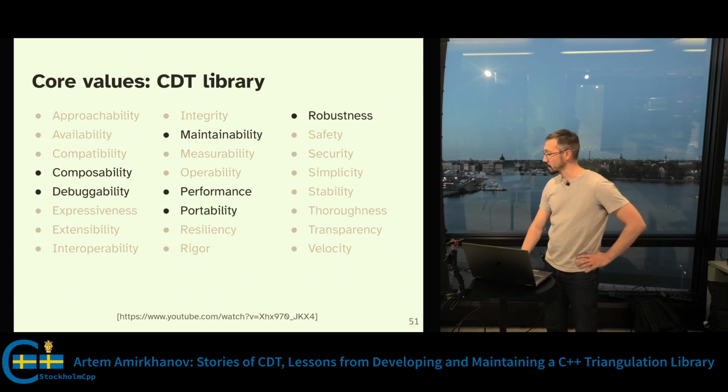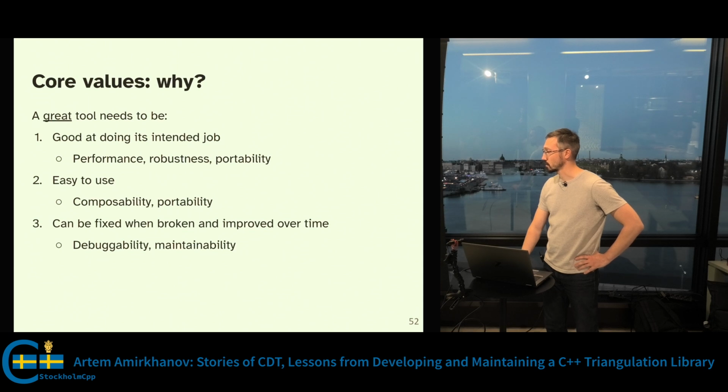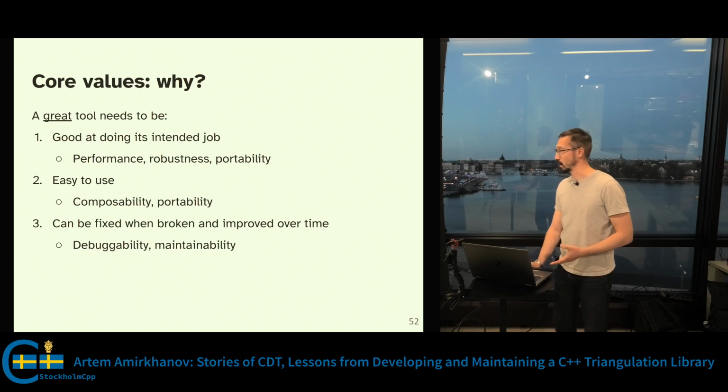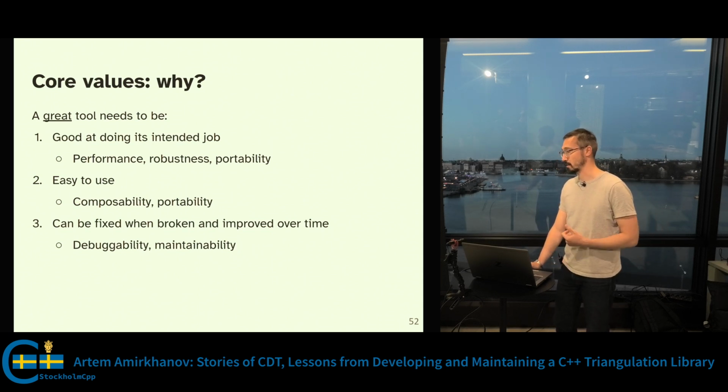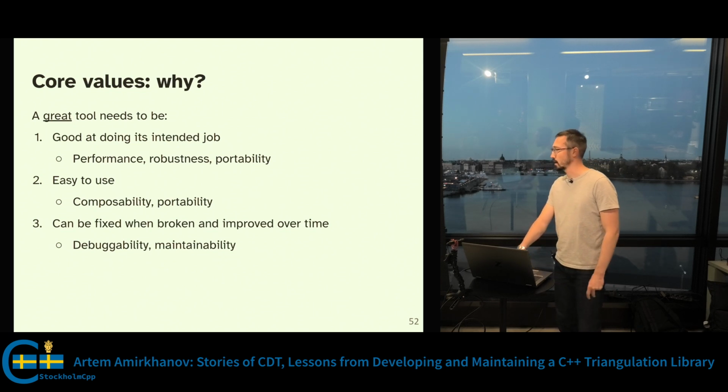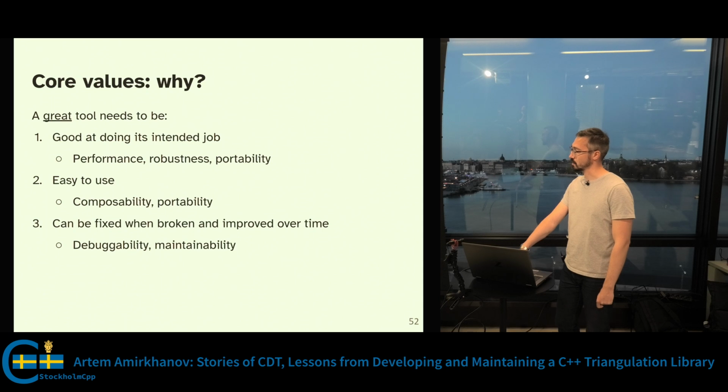And why these values? I think for a tool to be really good, it needs to have the following properties. It needs to do its job well. So in our case, that needs to be fast. It needs to be correct, like robust and portable. Then it needs to be easy to use, so composability and portability are important.